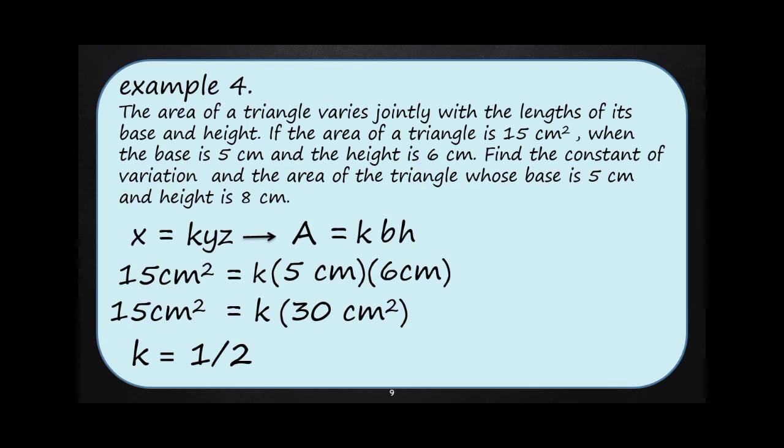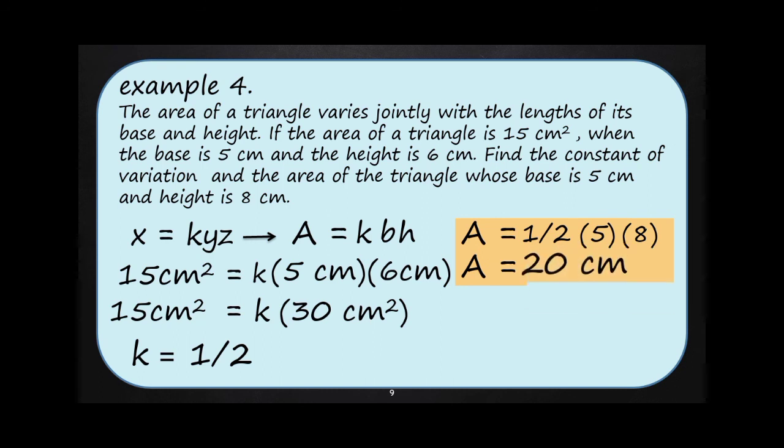So we have now A is equal to K, which is 1/2, multiplied by the base, which is 5, and the height is 8. So if we multiply 1/2 by 5 multiplied by 8, the answer is what? It is 20 square centimeters.